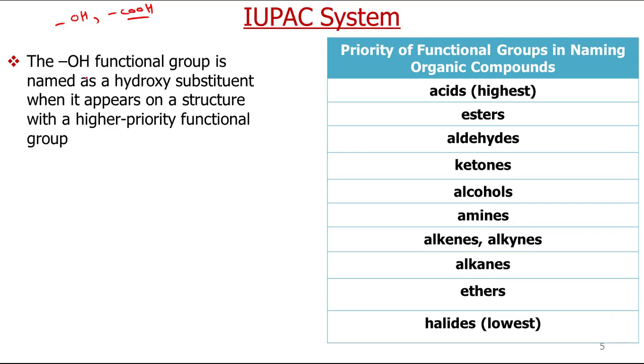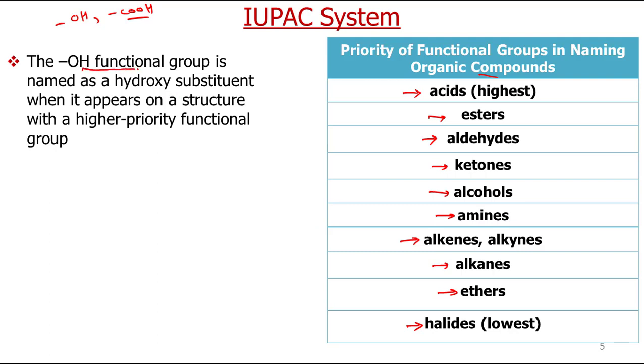This is the table of priority of different functional groups in naming organic compounds. Acids, these are carboxylic acids, are given highest priority, then esters, then aldehydes, then ketones, then alcohols, then amines, then alkenes or alkynes, then alkanes, then ethers, then halides.